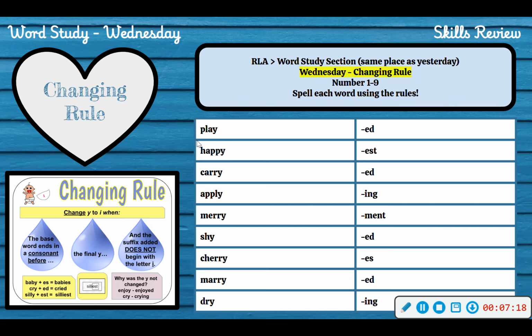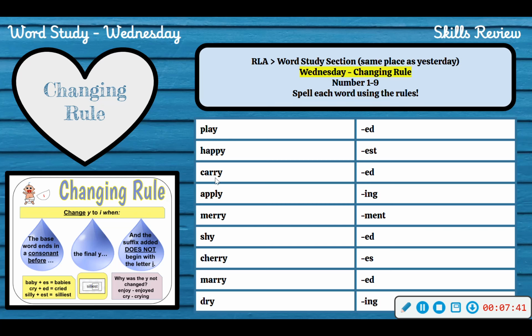The base word ends in a consonant before the final Y. A is a vowel. That's not a consonant. So I do not drop the Y and change it to I. So it already doesn't follow this first rule. So it is P-L-A-Y-E-D. Do not change the Y to an I.